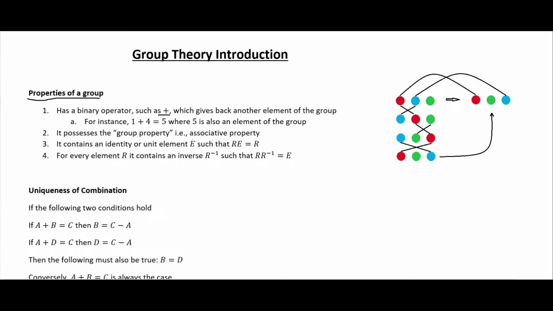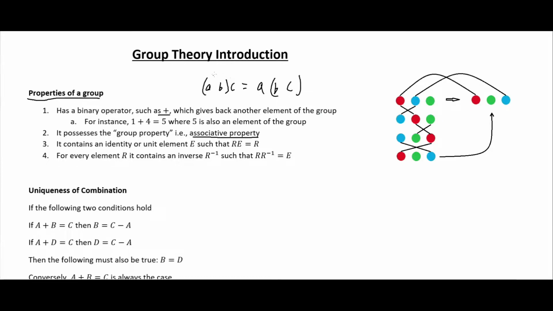It possesses the associative property, and so if you're doing your operation two different times on three different things, it doesn't matter what order you do it in. So you have your A, your B, and your C, and you're doing your operation like this. It's the same as if you did it like this.